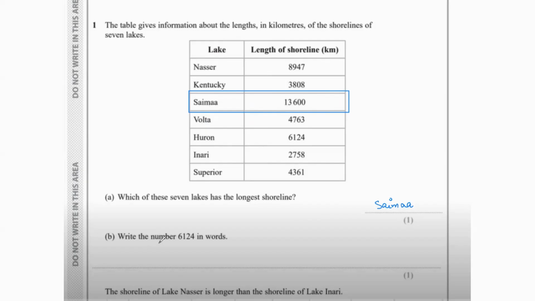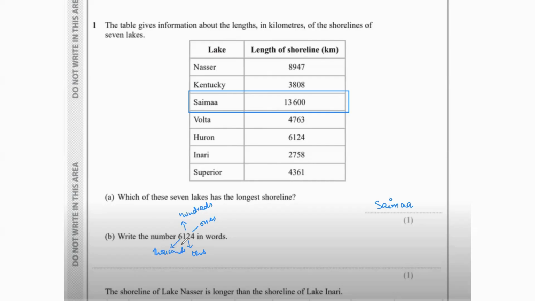Then it says write the number 6,124 in words. So if we notice, the number has 4 digits. So the first number from the right-hand side, that is our ones. Second number is our tens. Third is our hundreds. And fourth is our thousands.